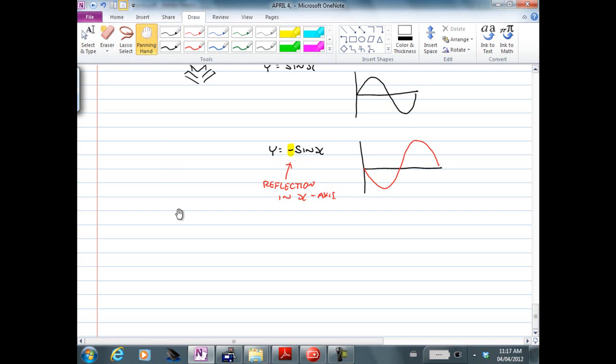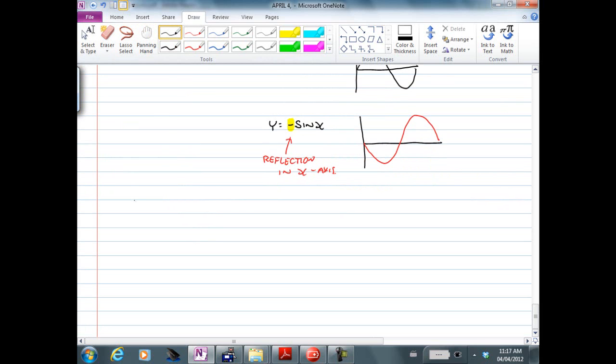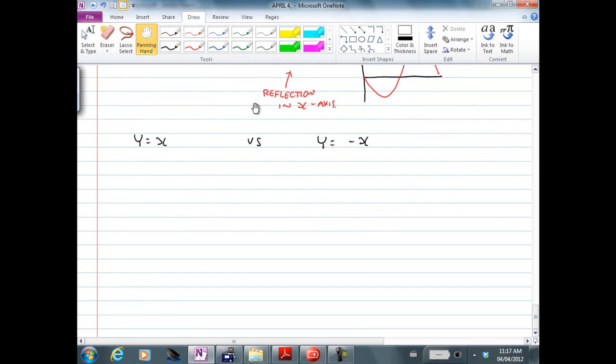I'm going to start off again by making things simple. Y equals x versus y equals negative x. So right off the bat, we're going to do our classic little table of values just to see what the negative sign does. Guys, gals, just go x, y, and choose some random numbers for x.